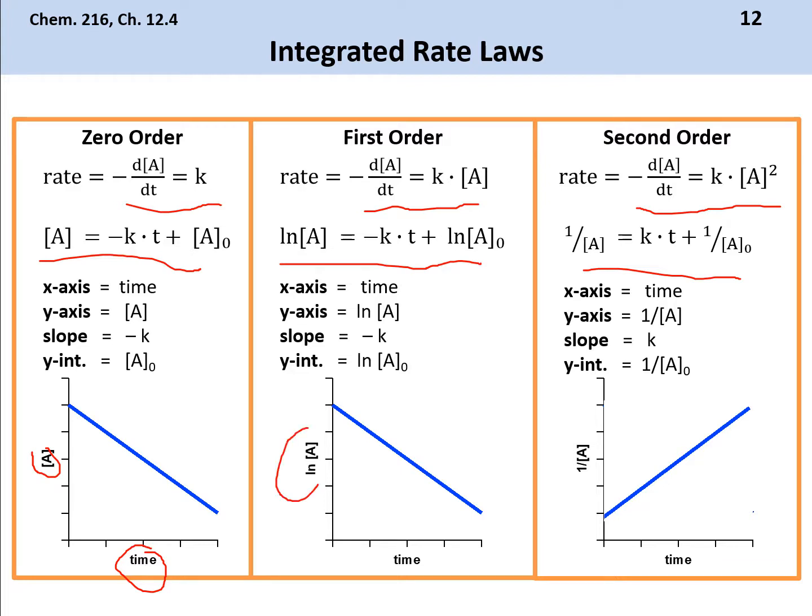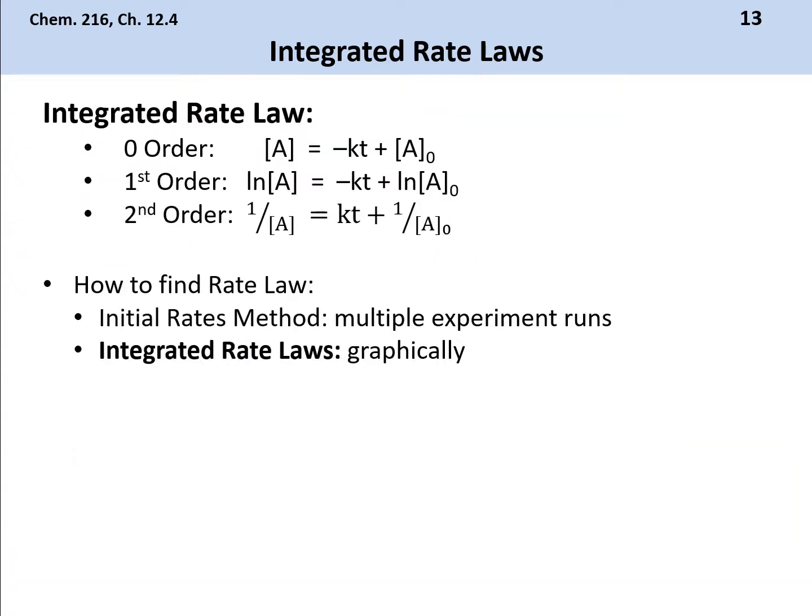If we plot ln versus time, and we get a straight line, that means it's first order. And if I plot 1 over a versus time, that means it's second order. Okay? And this is actually a good method to graphically determine whether something is 0, first, or second order.